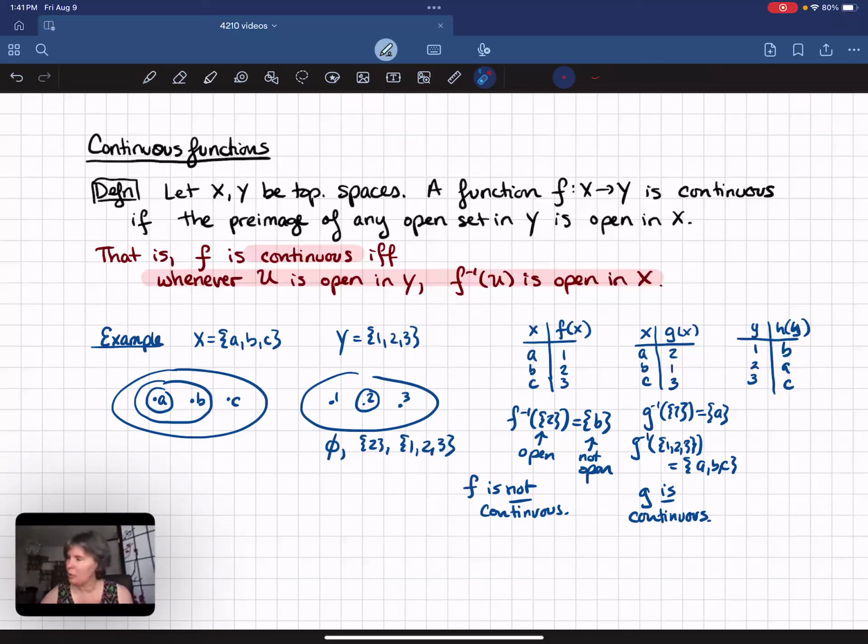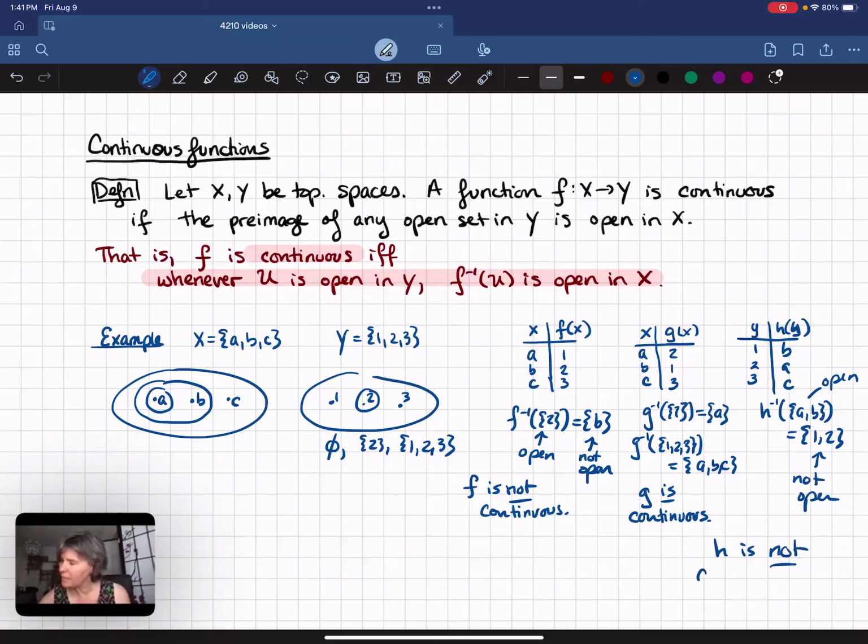What about AB? AB is open over here. The pre-image of AB is 1, 2. That's not open. So I have an example here: h inverse of AB is 1, 2. AB is open, but 1, 2 is not open. And so therefore h is not continuous.